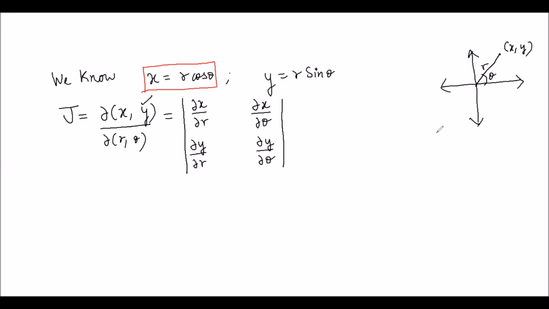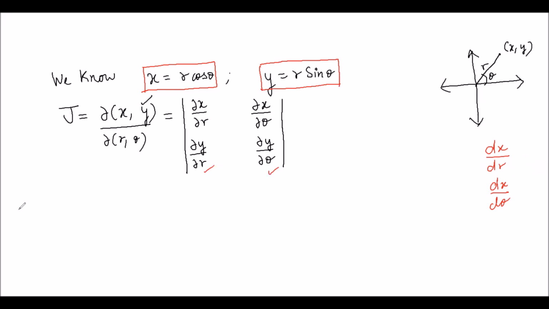So we will not write dx by dr or dx by d theta, because these are the notations for ordinary derivatives, used if x is a function of only r. But this is not the case here, because x is a function of both r and theta. Similarly, y is a function of two variables r and theta. So we are finding their partial derivatives del y by del r and del y by del theta. So this is about notation.